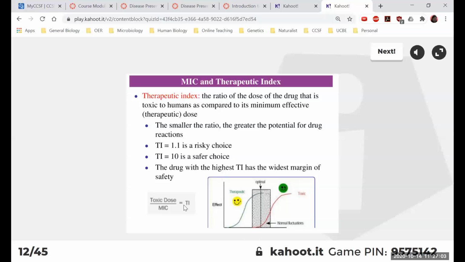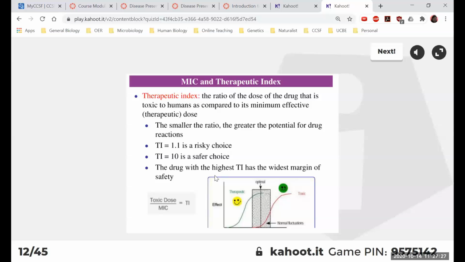So you end up having a therapeutic index of 10. Then it is a pretty safe choice, because if 10 milligram of penicillin does not clear the infection, you can increase it to 20, even to 30, knowing that it's only at 100 that it started having side effects. So you can play around with the dosage.